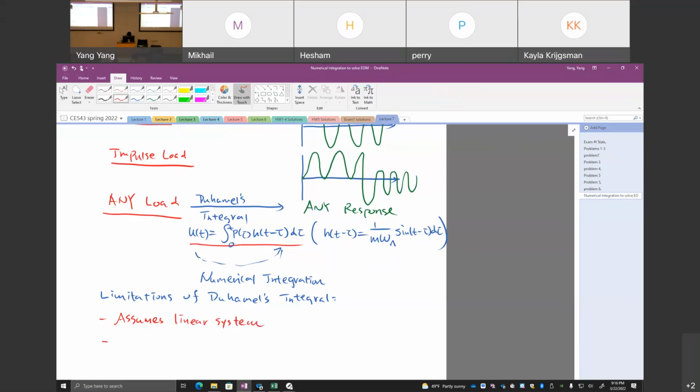Secondly, a closed form solution is not always possible. For example, if you have an earthquake, how can you express the load for an earthquake?